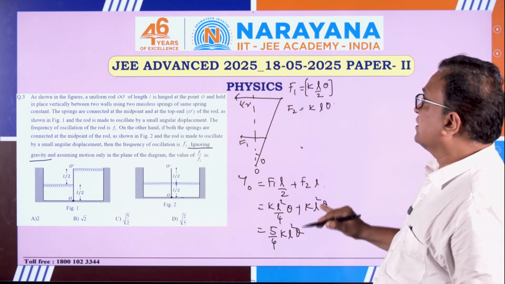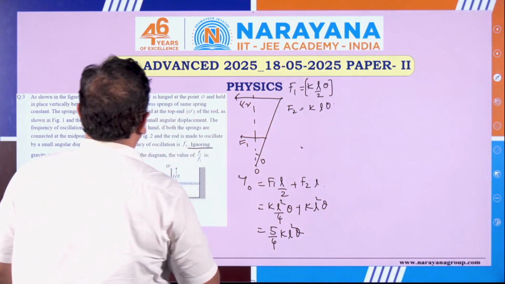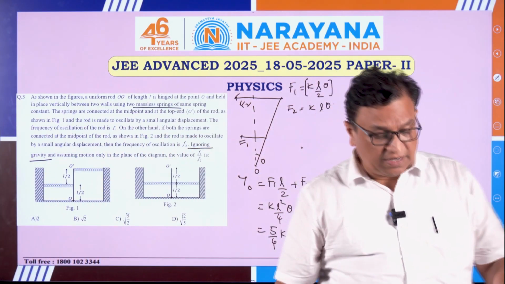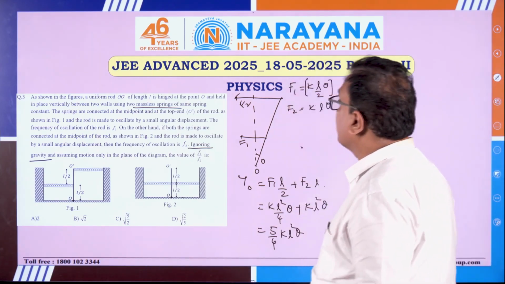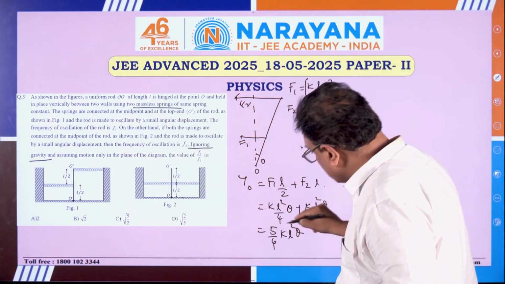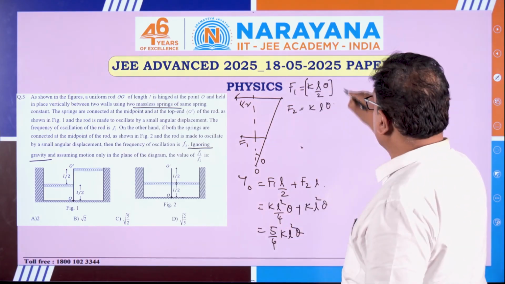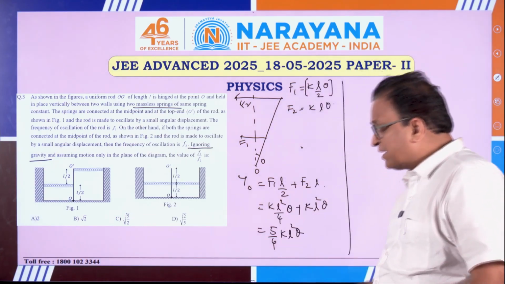The springs are connected. I just want to add one more point. Vertically, two massless springs. Massless springs is also an important criteria in solving this question. If it is not mentioned, we are in trouble. Now see, this is the force constant term. Rest everything is the same. So we will try to see the same situation for the other set.